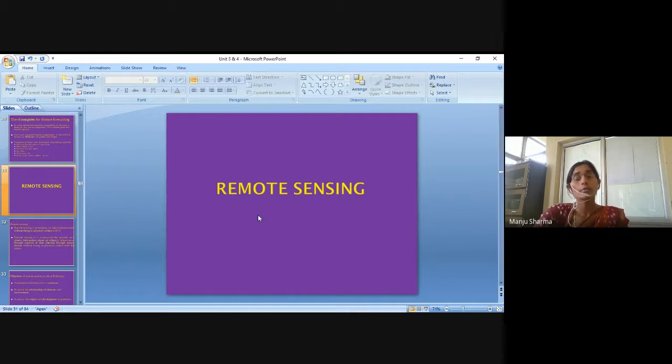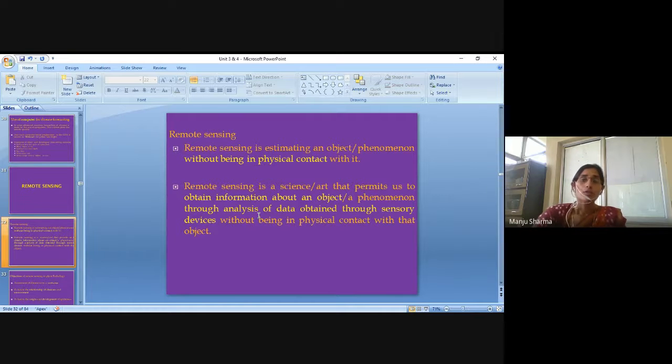After that, remote sensing. Basically, remote sensing is estimating an object or phenomenon without being in physical contact with it.